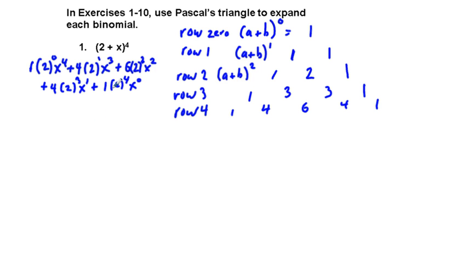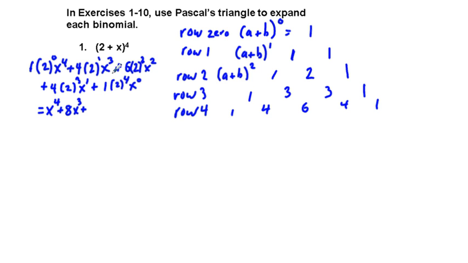Just writing all this out and simplifying, what we have is x to the 4th, plus 4 times 2, because 2 to the 1st power is 2, which is 8x cubed.